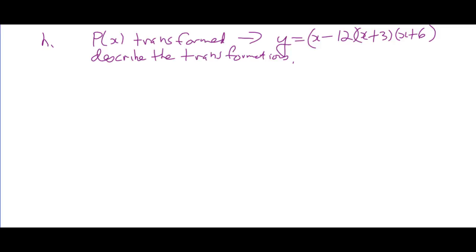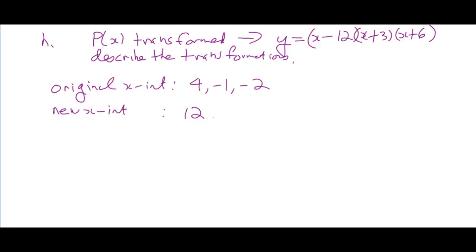So, what do we do? So we start with the original. What were the original x-intercepts? So original x-intercepts were what? 4, -1, and -2, right? What are these x-intercepts? So new x-intercepts: 12, -3.